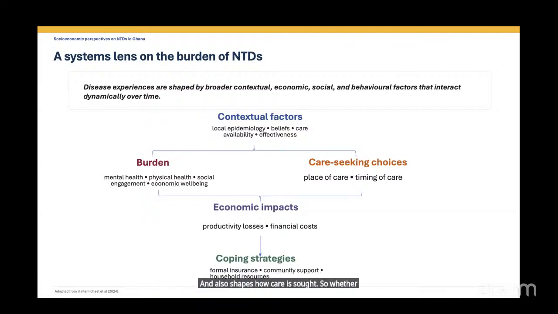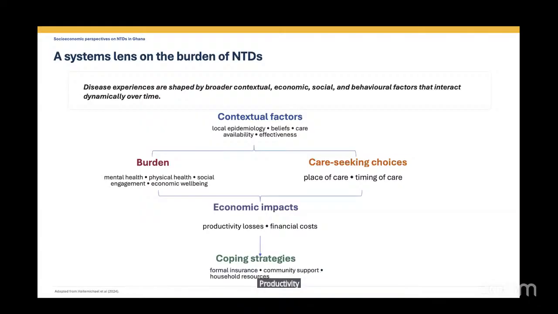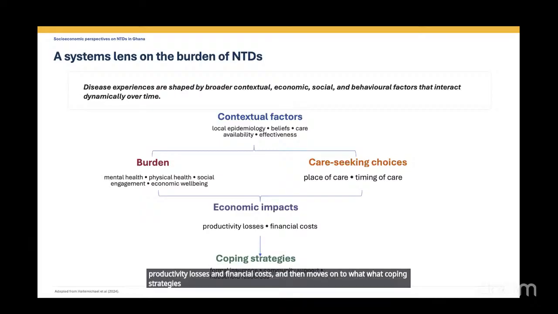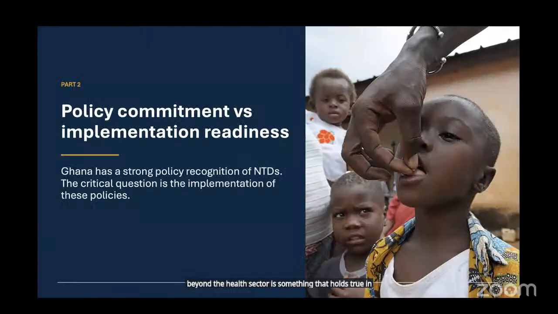So whether the person goes through the formal healthcare system or prefers to go to a traditional healer, all of that is shaped by the context in which the individual lives, which then in turn shapes the economic impacts, productivity losses, and financial costs, and then moves on to what coping strategies are available to the individual. All of that, we can trace it back to the contextual factors. So the fact that this is a broader developmental issue, a societal issue beyond the health sector, is something that holds true in this instance.